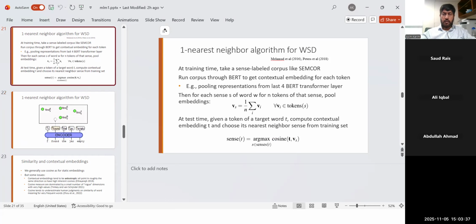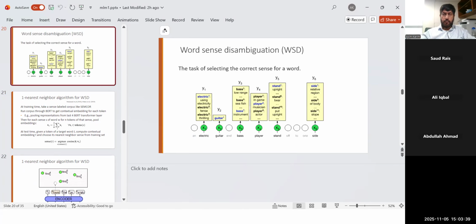By the way, I can mention this word sense disambiguation is a traditional NLP task. This task is concerned with determining the particular sense in which a particular word has been used, or in other words, determining whether two words have the same senses or different senses. और ये traditionally NLP में बहुत important task था. अब ये इतना relevant नहीं है because usually it is not the end goal of any application.